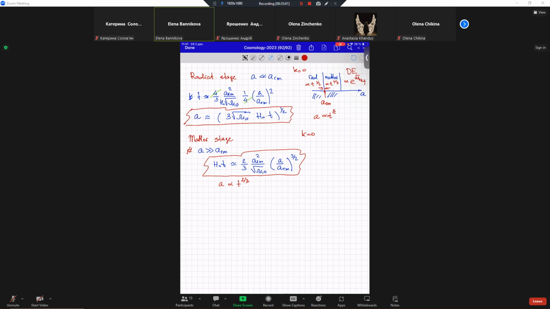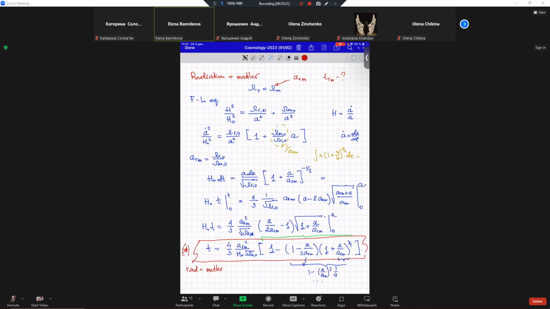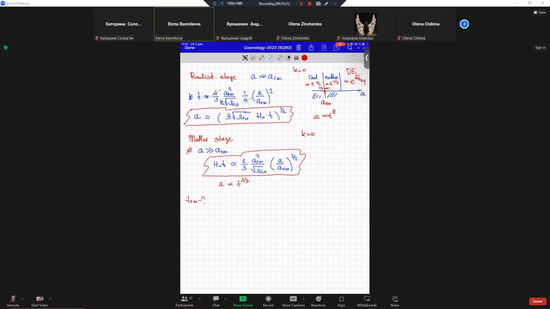So now we speak about the radiation age, and let's find the time when it was. So it means that TRM, again we put this question. We will use this expression for the case when A equals ARM. We exactly want to find the corresponding TRM.